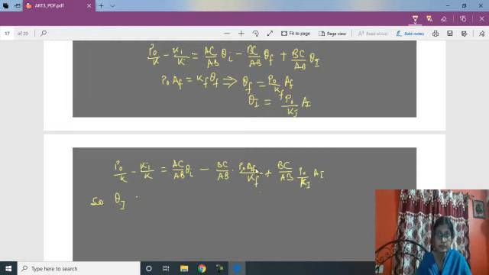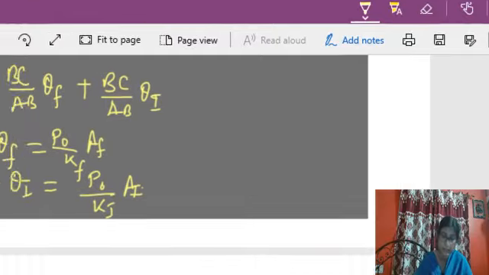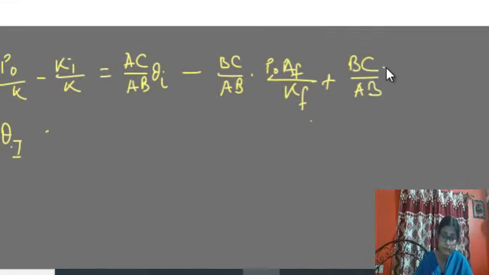Once again, I'm keeping this as theta I, because it is the change in theta I; keep this theta I as it is.